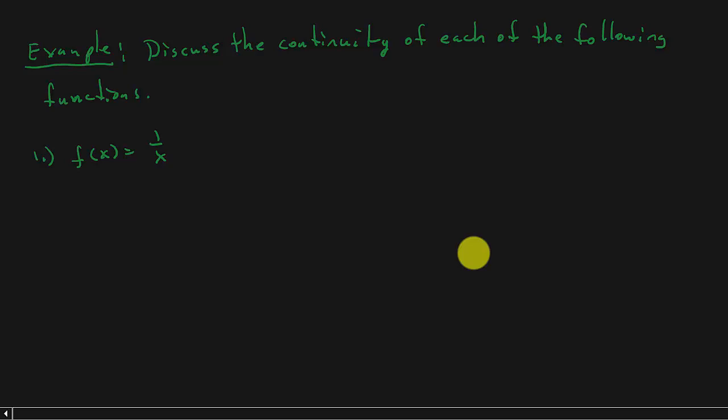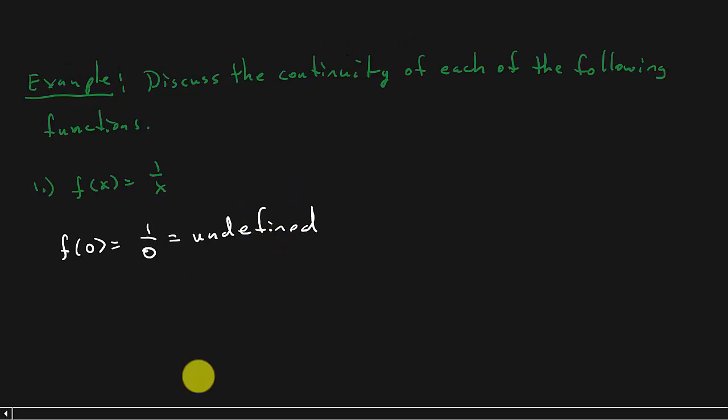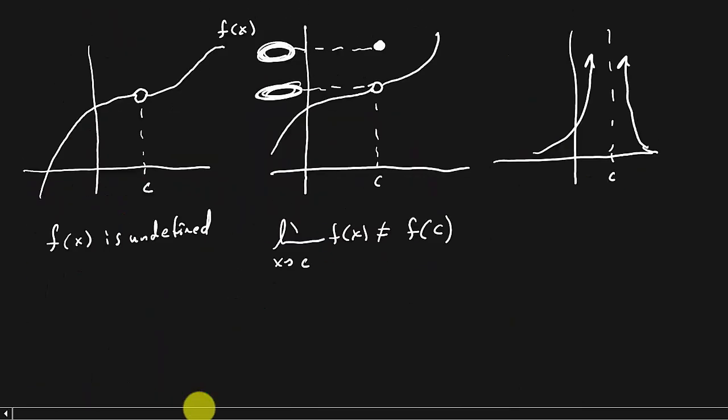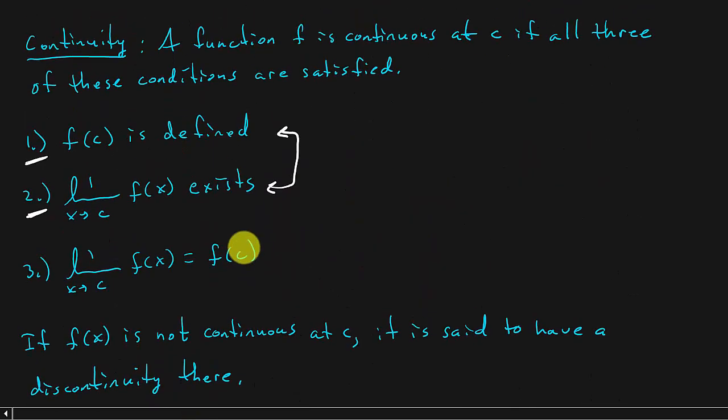We know the denominator can't be 0. So if we evaluate this at 0, we get 1 over 0, which is what? Undefined, right? And so we can stop there. We don't have to go through and show anything else because the first one was not satisfied. So that means it's not continuous there.